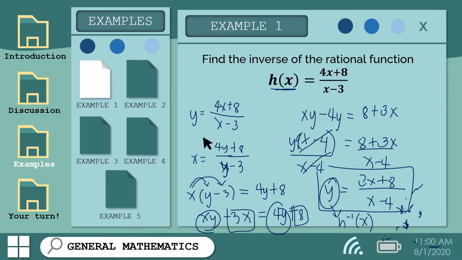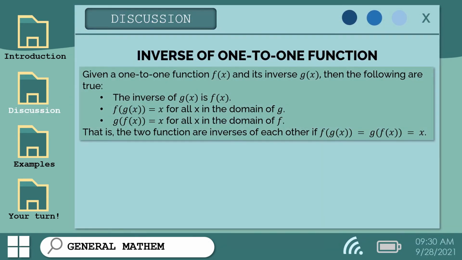So, balik tayo sa ating discussion. Paano naman po kaya malalaman kung ang dalawang function ay inverses of each other? Given a 1-to-1 function f of x and its inverse g of x, then the following are true. The inverse of g of x is f of x. Pangalawa, f of g of x is equal to x for all x in the domain of g.